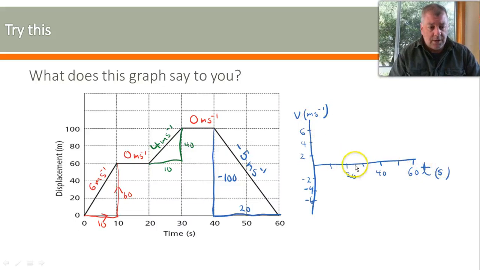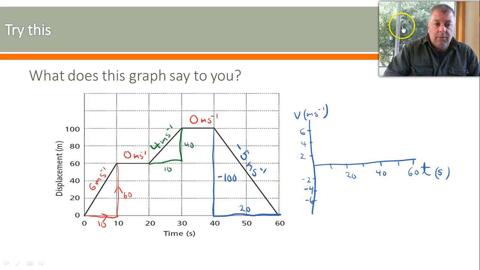We're using the same period of time, 60 seconds. And because we've done our calculations before, we'd recognize that the largest positive value that we're going to have to plot on the vertical axis is 6, and the smallest number on the vertical axis is minus 5, so that's going to be down there.